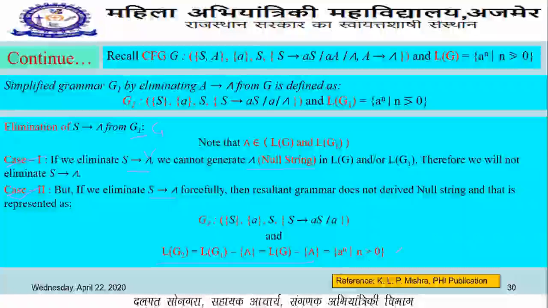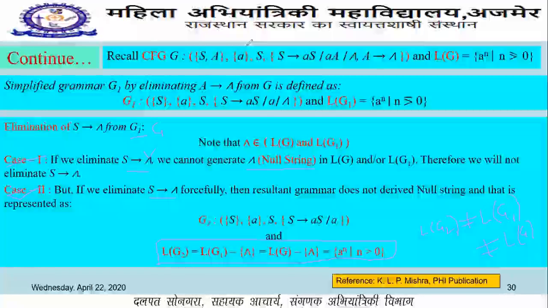So the next simplified grammar G2 is not equivalent, or we can say L of G2 is not equivalent to L of G1, and not equivalent to L of G. So whenever null is associated with the starting variable, then that language has the null string. Okay, I hope you understand.